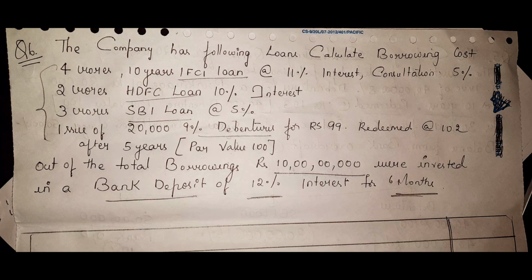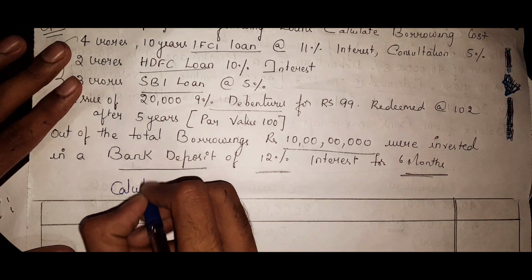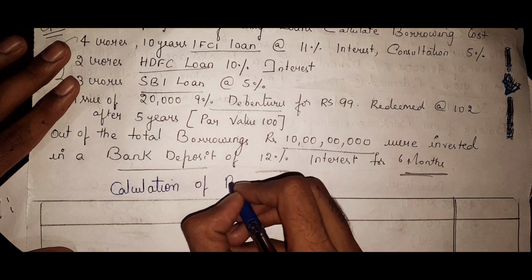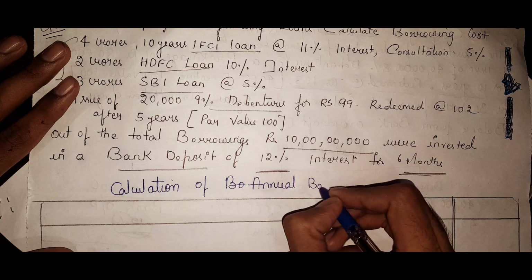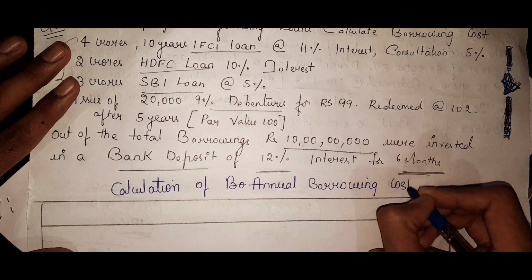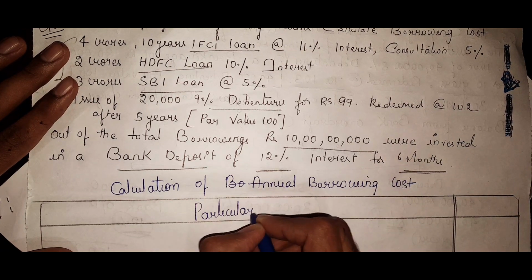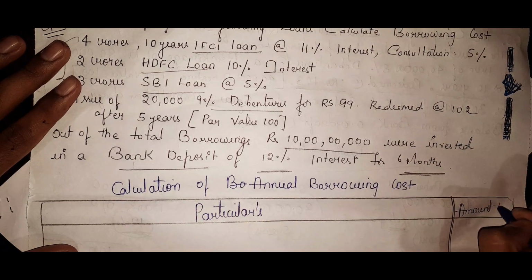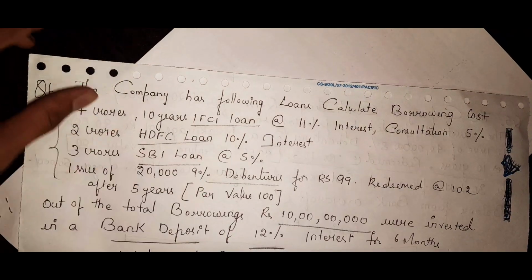Now let us try to solve the problem. First, write the heading: calculation of annual borrowing cost. In that we have particulars and amount. Now first it is the IFCI loan.